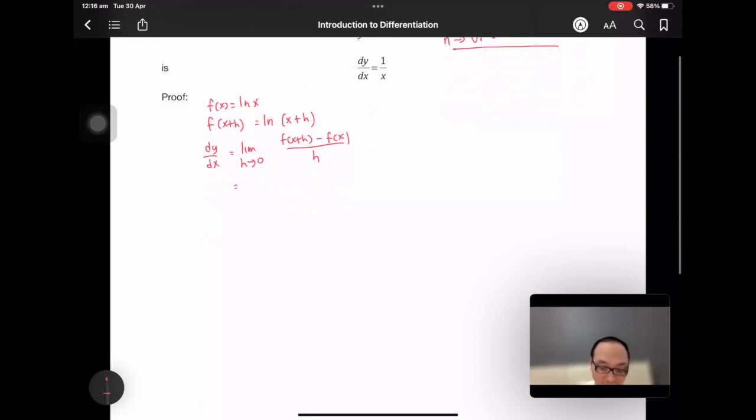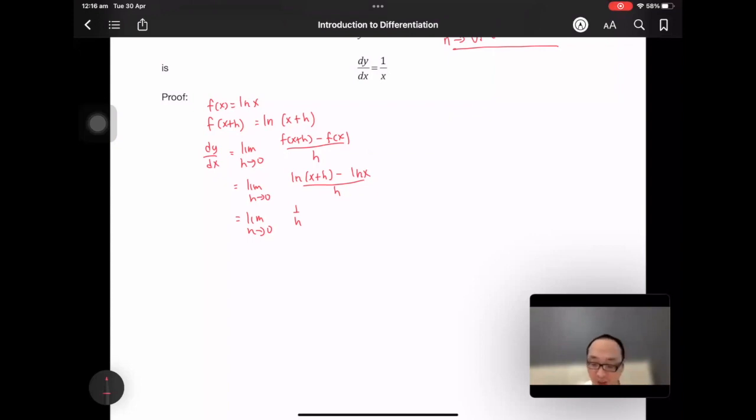So we can continue: the limit as h approaches 0 of (ln(x plus h) minus ln x) over h. And then I can continue, I put 1 over h, and then I have ln(x plus h) minus ln x.